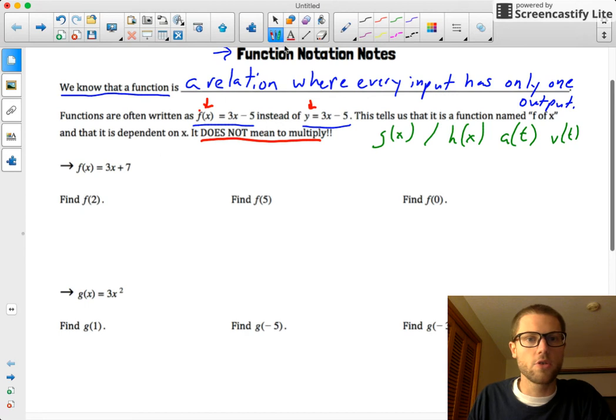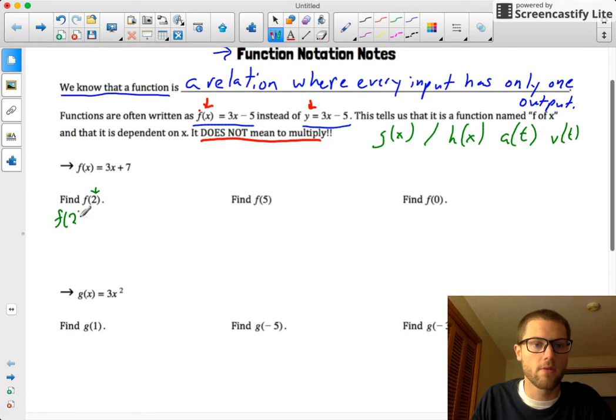So this is useful when we are in one step trying to evaluate functions for given inputs. So if I were to take this function f and I wanted to find what f of 2 is, basically that's asking me what is the y value when x is equal to 2. So the way that I would find this out is I would find f of 2 by substituting 2 in for x in my function.